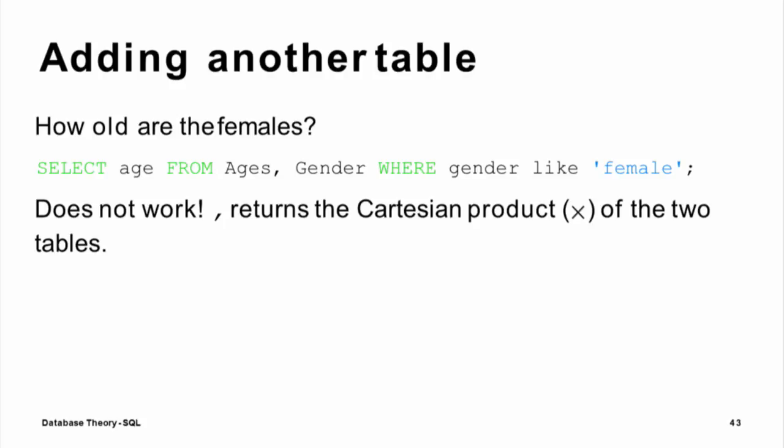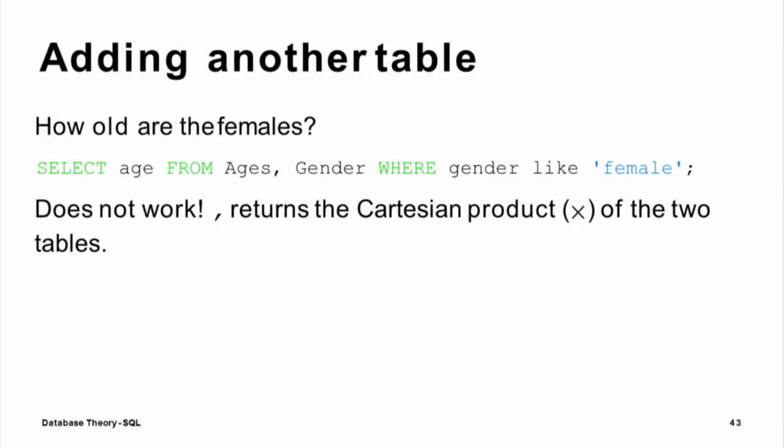So if you have your two tables, ages, which was the only one, and gender, which is a newer one, which just contains the name and a gender, what if you want to combine these two tables, the tables age and gender? We talked about joins yesterday when we had that last lecture. And what we do here is that we try to figure out which ones are of the gender female.